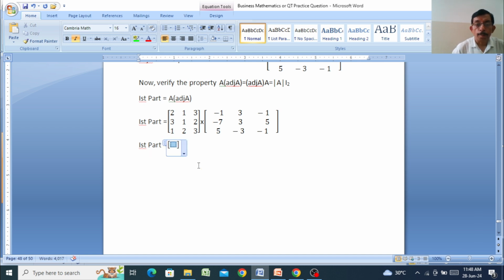First row element: 2 multiplied by 1, 2 multiplied by minus 1, plus 1 multiplied by minus 7, plus 3 multiplied by 5.